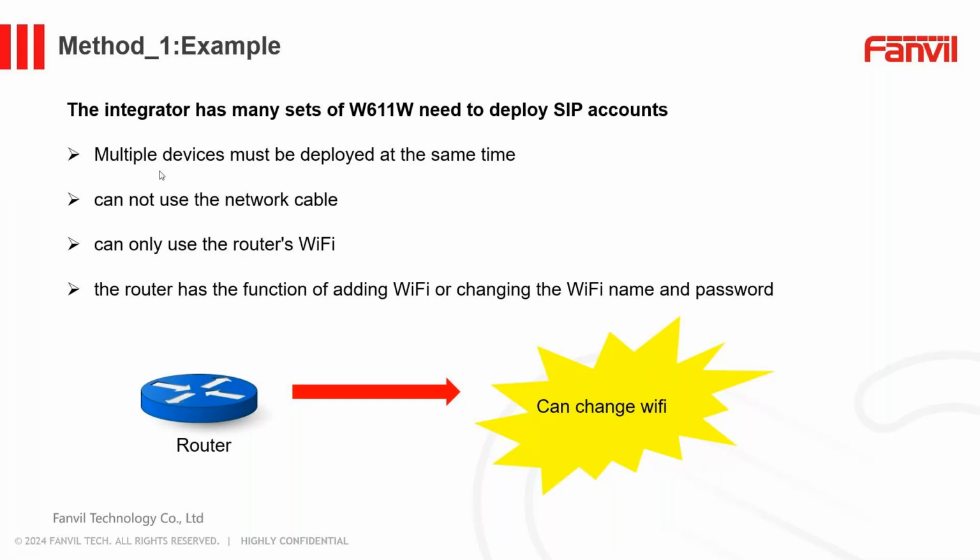So you cannot modify each device with its Wi-Fi configuration, including the SSID and password. However, the router can be modified and can change the Wi-Fi settings or add another Wi-Fi ID to it, including its name and password.